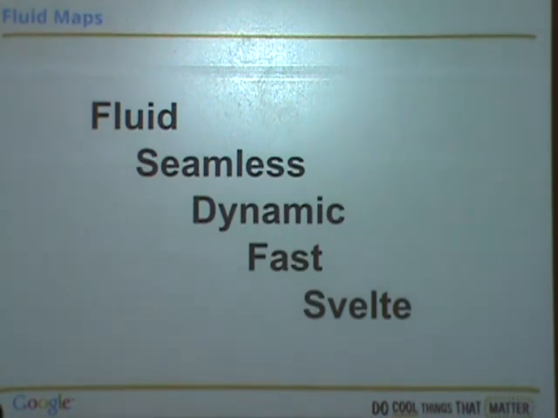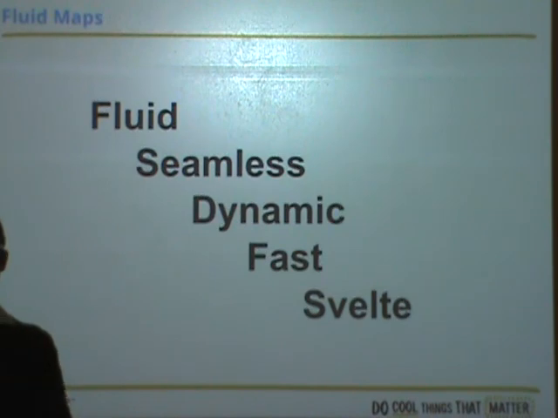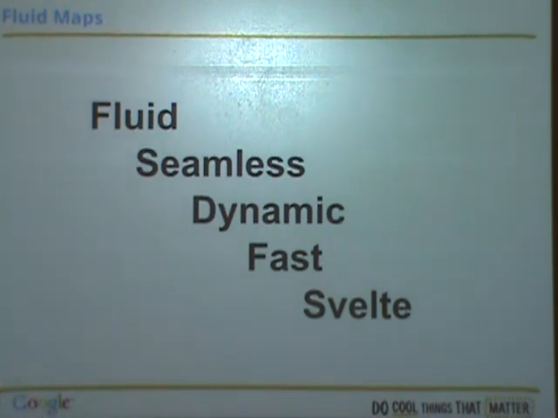What we mean by seamless is transitioning between different views of the map, like from the map view to satellite view, or down to street view, or even to photo montages, or anything you might want to do next to the map will be a smooth transition between those two things.